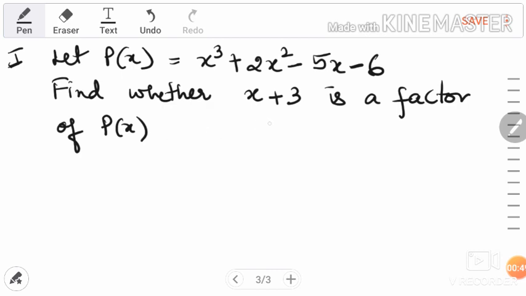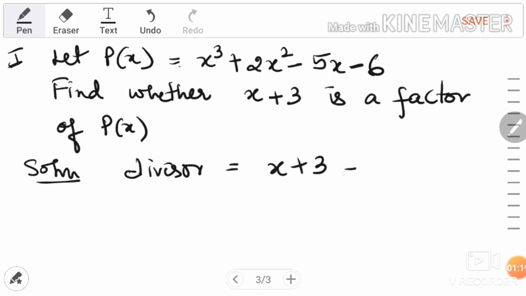Now we have learned the method of finding the remainder in previous class. So when p of x is divided by x minus a, then the remainder is p of a. So we will have to find a over here. So take the divisor. The divisor is x plus 3 and equate it to 0. So we get x equal to minus 3.